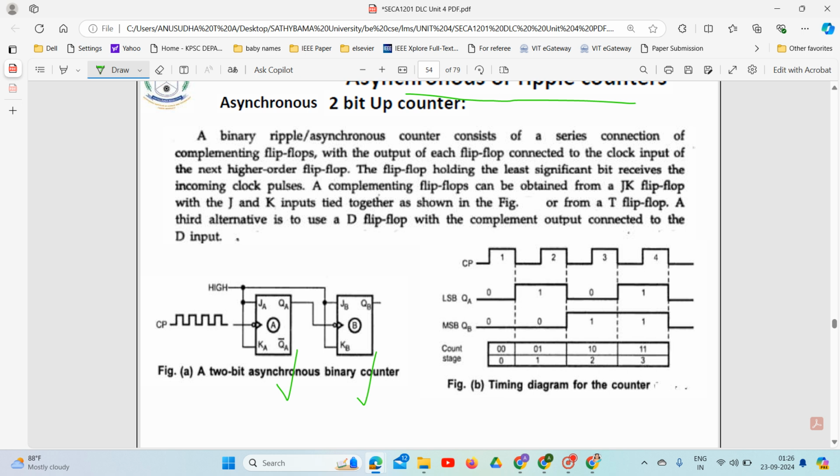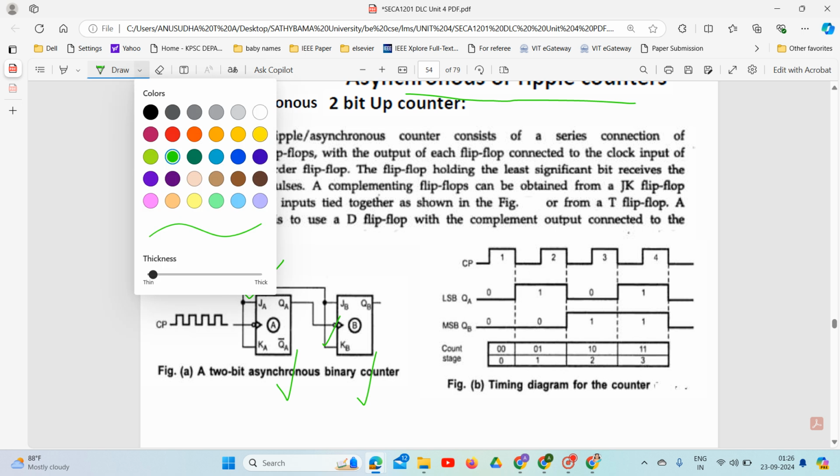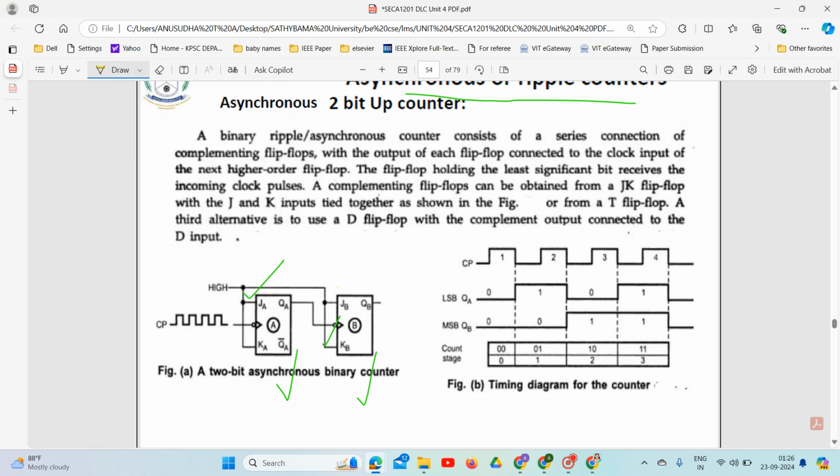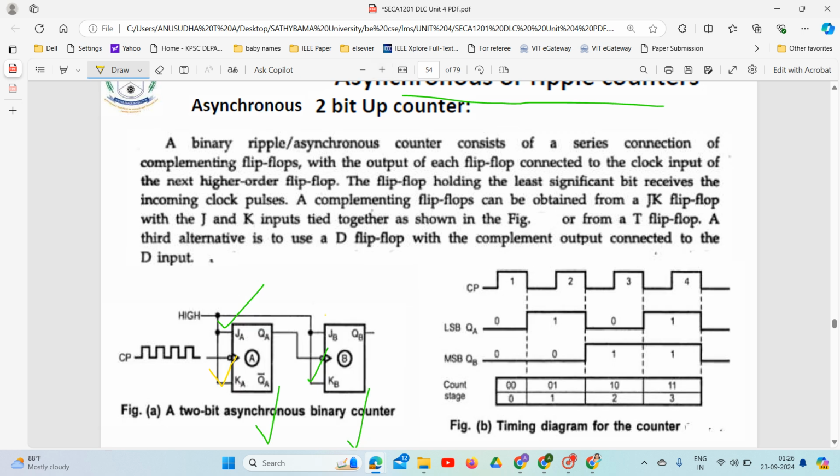Here the input of J and K is always high for both flip-flops. Only the clock varies.